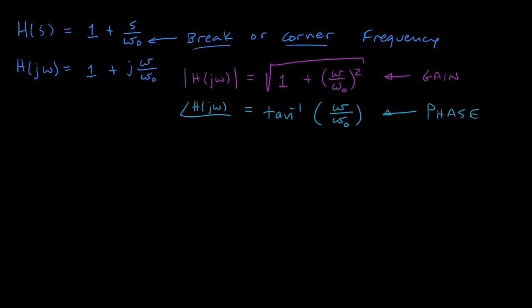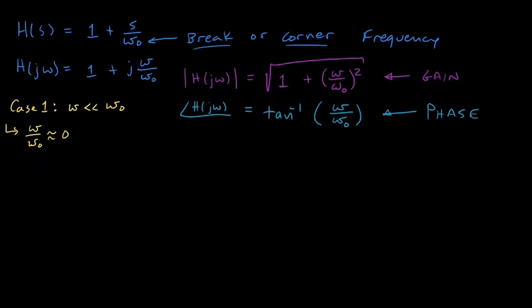Now we want to look at what happens as we vary ω across some frequency range of interest. We have three cases to deal with. The first one is case 1, where ω is much smaller than ω0. So ω/ω0 is nearly 0.